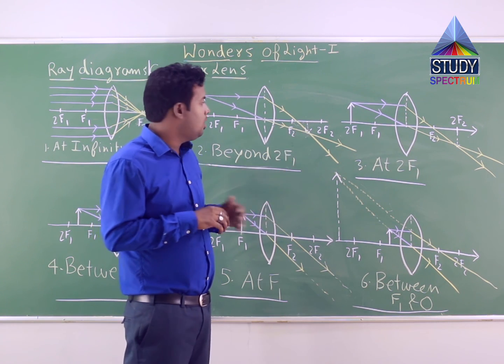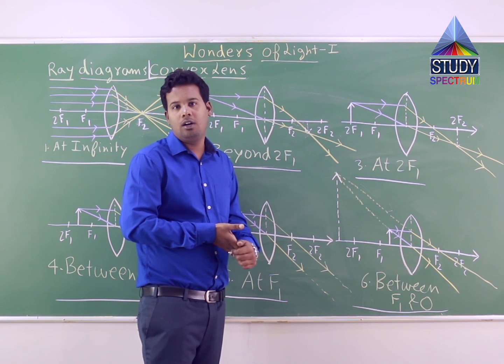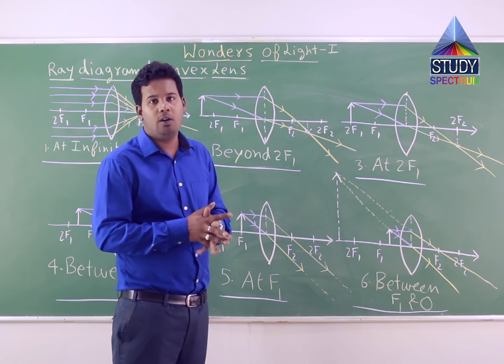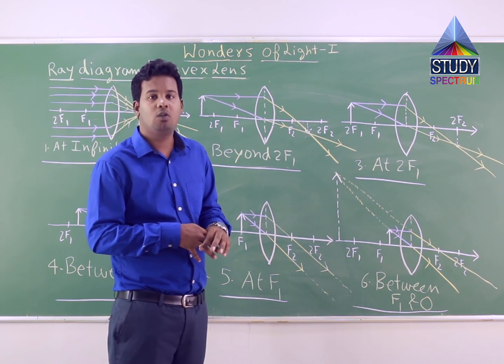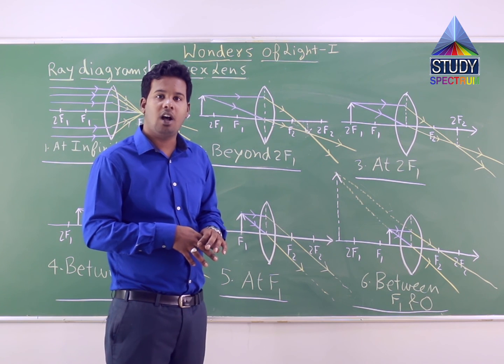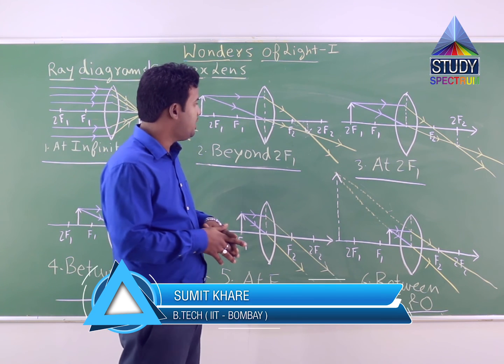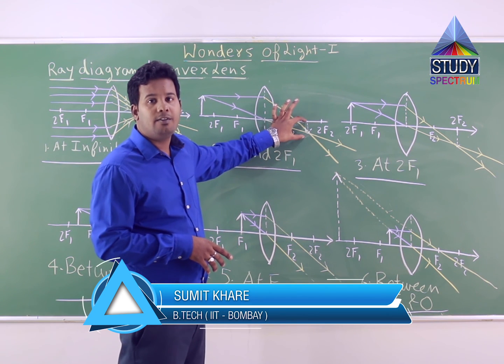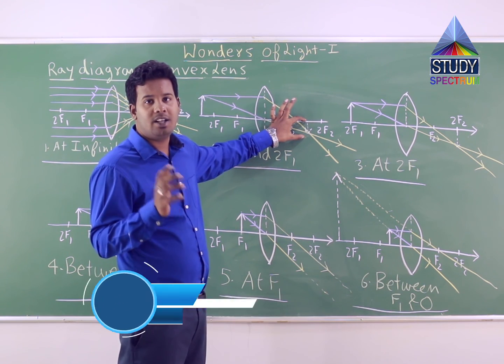Correct? Now by substituting the values, for theoretical and also for numerical questions, if you substitute the values of V and U in the magnification formula, H2 by H1 is equal to V by U, where H2 and H1 are the height of image and height of object respectively, we get a negative value of H2, and also the value of H2 was coming out to be less than H1.